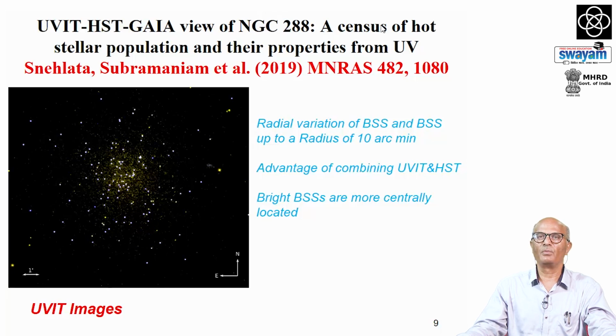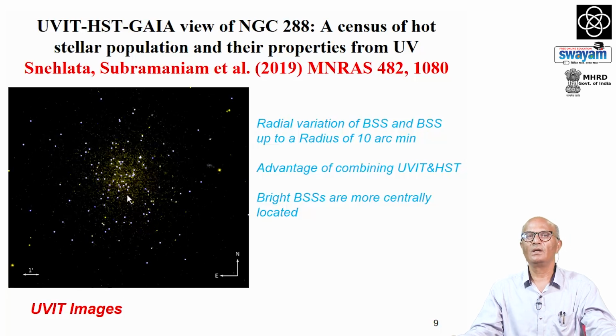The title of the paper is a census of the hot stellar population and their properties from UV. In the central region, optical information has been taken from HST, proper motion information from Gaia, and our AstroSat UVIT information for UV and near UV. This image is taken with UVIT of the cluster.